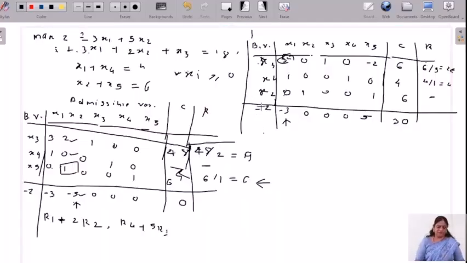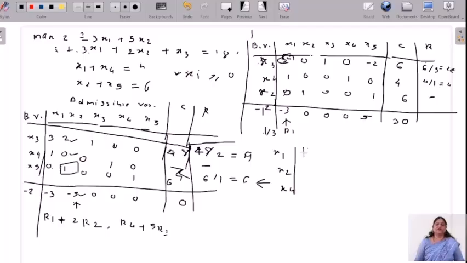First operation is 1 by 3 into R1. Therefore the basic variables become x1, x2, x4.